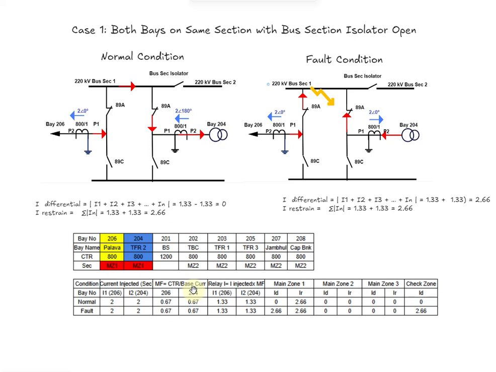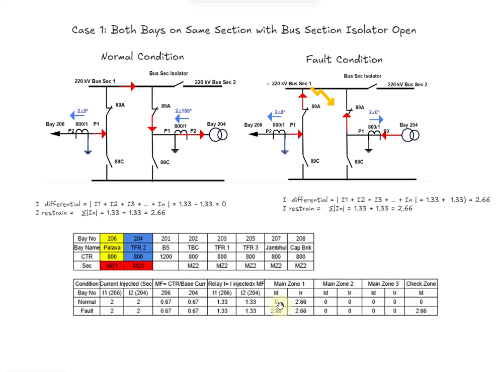That's why we use a base current. The CT ratio is 800 amperes and the base current is 1200, so the multiplying factor comes out to be 0.67. The relay current is the injected current, 2 amperes, times the multiplying factor, 0.67, which is equal to 1.33 amperes.